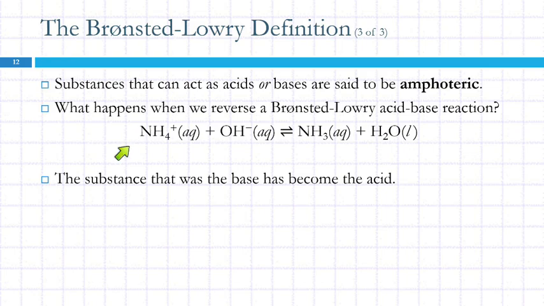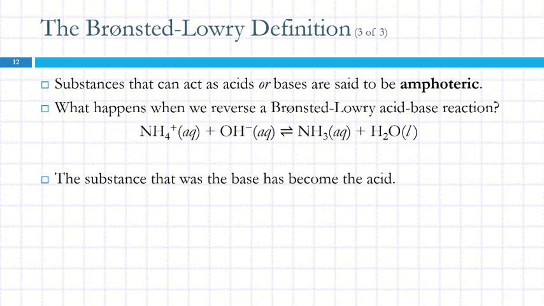So what we're doing here is we're taking the equation from the previous slide where we had ammonia reacting with water, and we're just writing it backwards. So now we have ammonium ion plus hydroxide ion in equilibrium with ammonia and water. So one of these is the acid and one's the base.